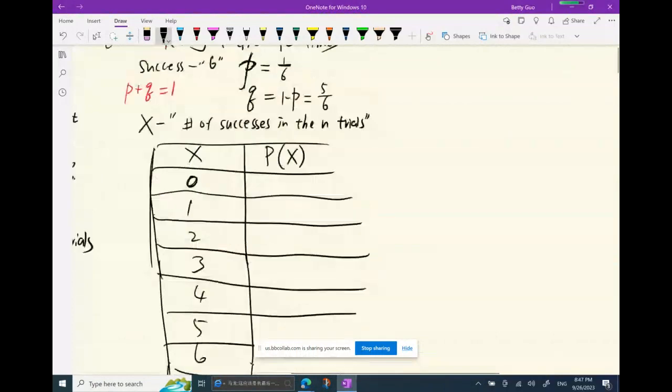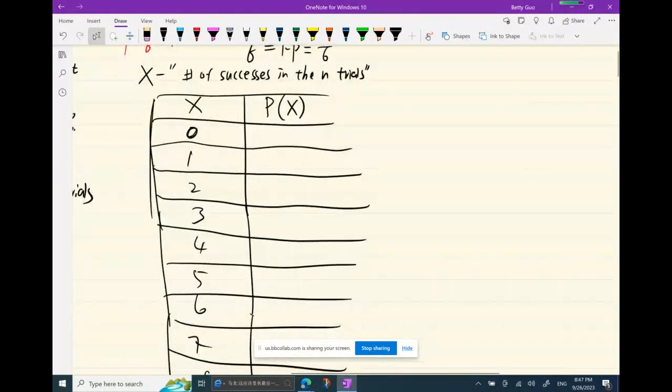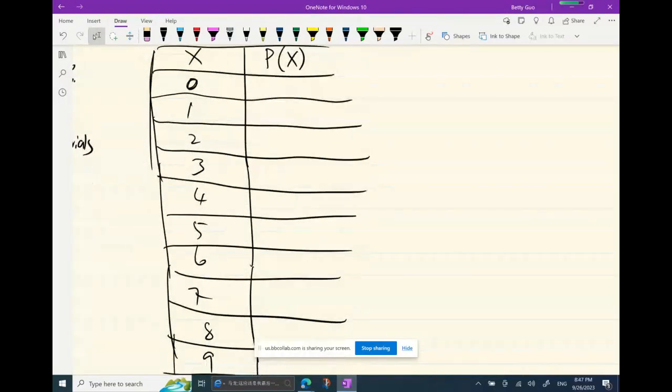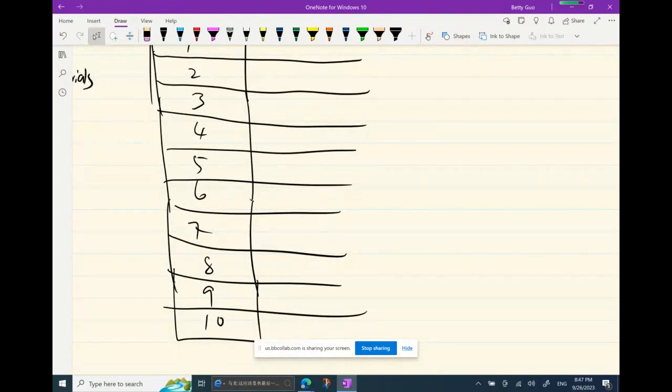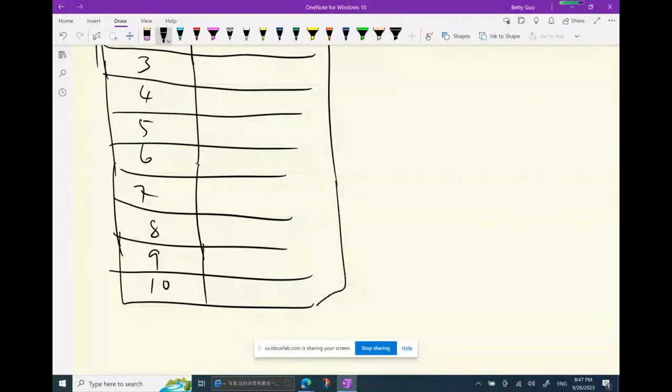No more than 10, right? In the luckiest case, all 10 trials you get number 6. That's gonna have a lower probability, but it's possible. So all the possible values for X are 0, 1, 2, 3, all the way to 10. So we're good with the first column, all right? Let me show you how we find their corresponding probabilities.